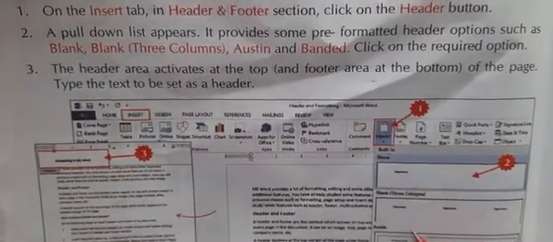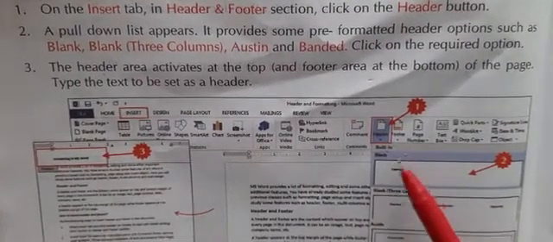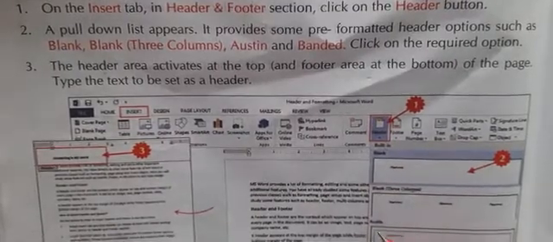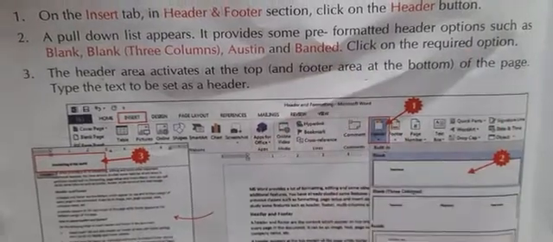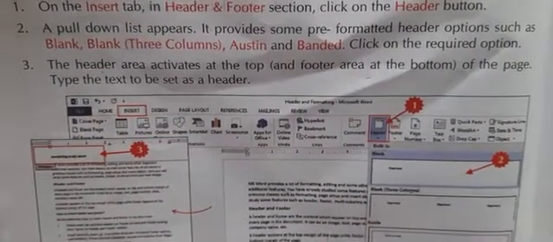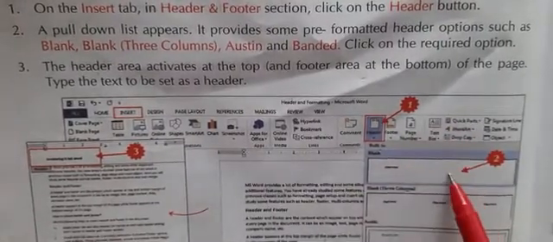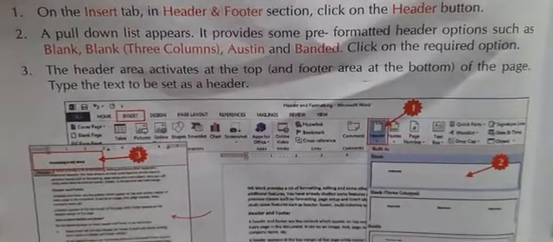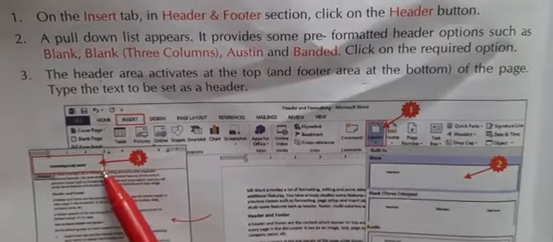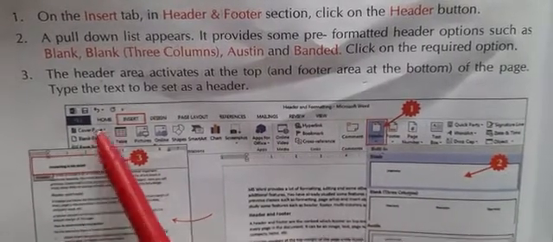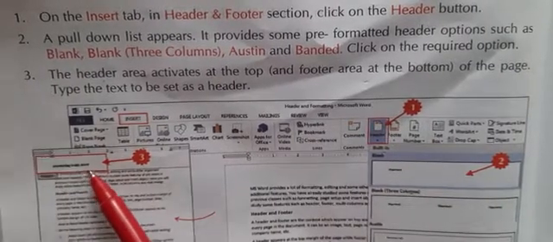There are 4 pre-formatted options, like blank with 3 columns, asterisk, or banded. We can select any pre-formatted header option from the list, and as soon as we select the option, a header area will be activated at the top margin of the page. Now we can type the text which we want to set as a header.